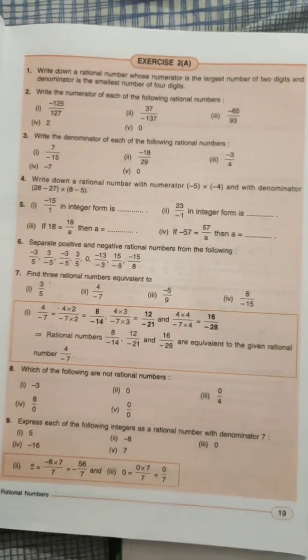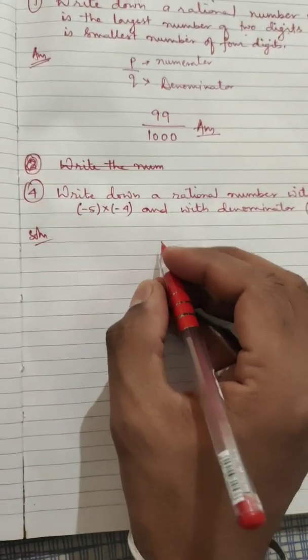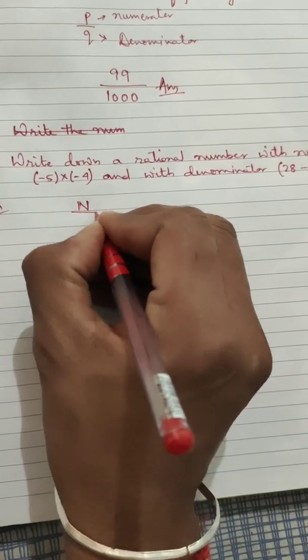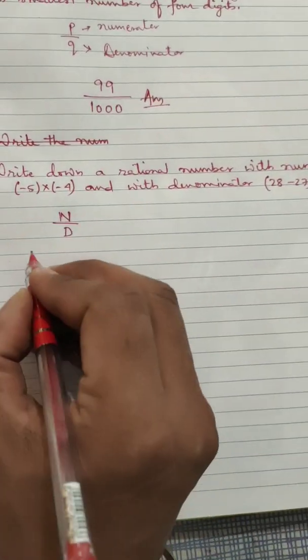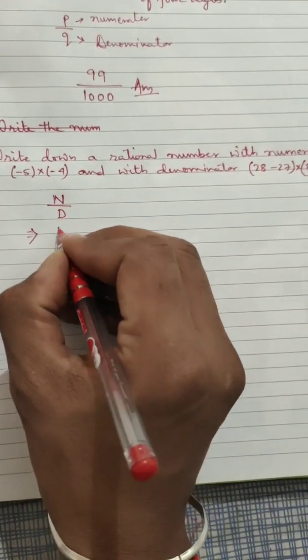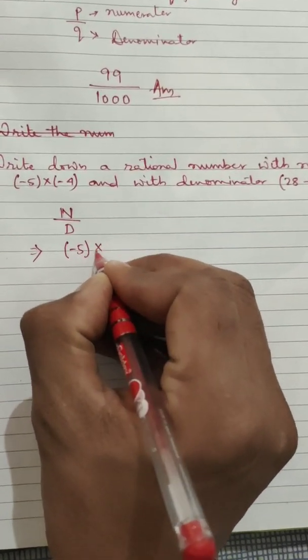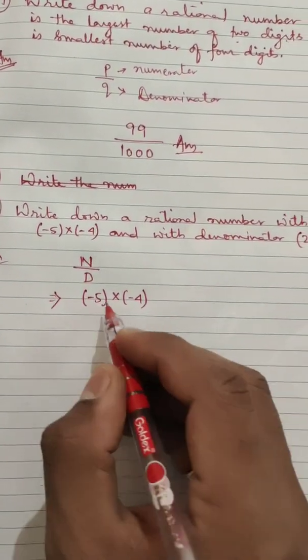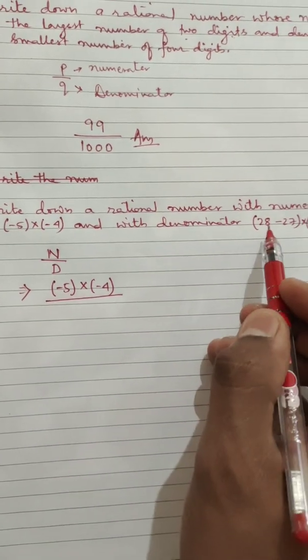Let us place the numerator and denominator. As we know, the rational number will be numerator by denominator. In place of numerator, we have to write minus 5 into minus 4, divided by the denominator. What do we have to write?